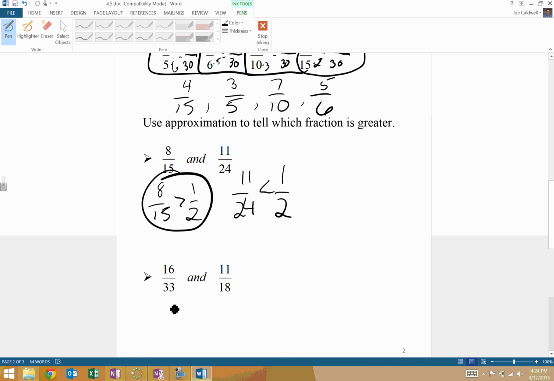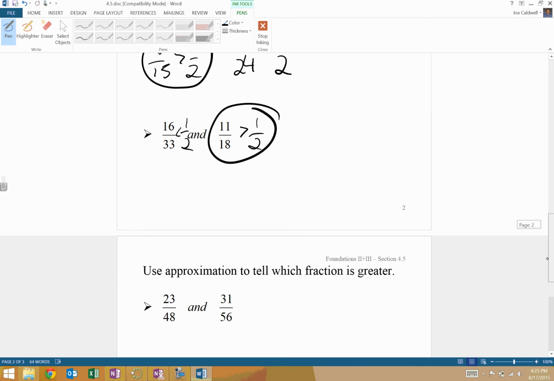Same thing here. 16 is not quite, right? Half of 32 is 16, so it's not quite 1/2. This would be less than 1/2. 11 is over halfway to 18, which means it's bigger than 1/2. So that's one way I can tell if a fraction is bigger.